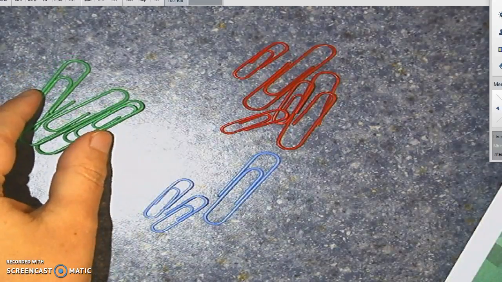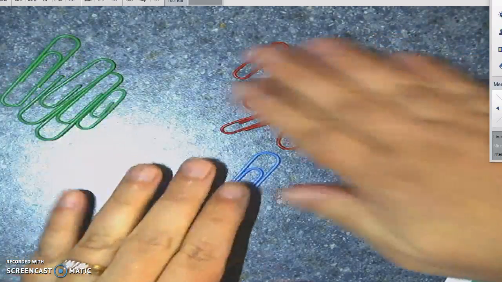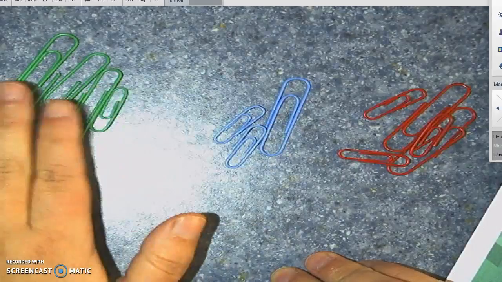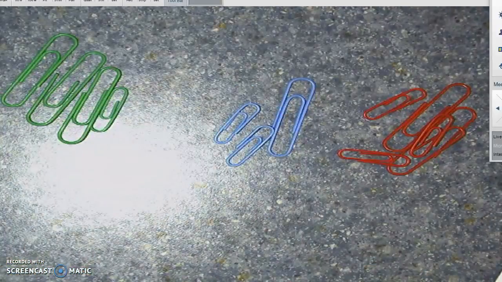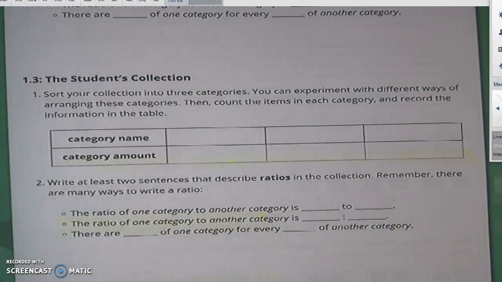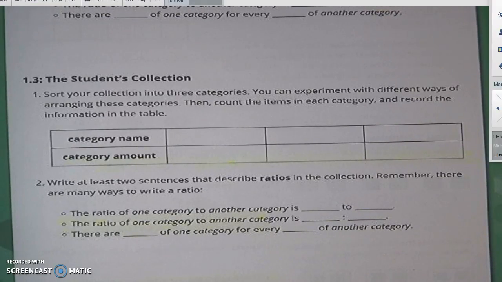So I could say the ratio of green paper clips to blue paper clips is 4:3 because I have 4 greens and 3 blues. So then we did this next section called the student's collection, where every pair had their own collection of objects and they sorted it by color or size or something like that.